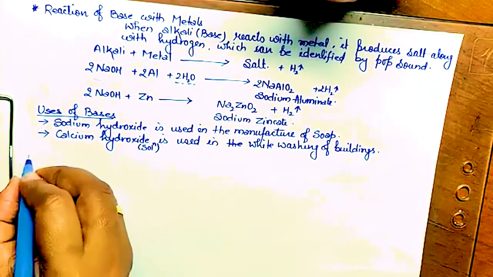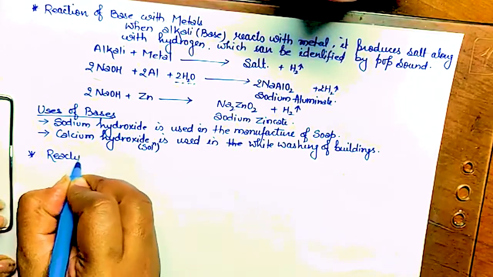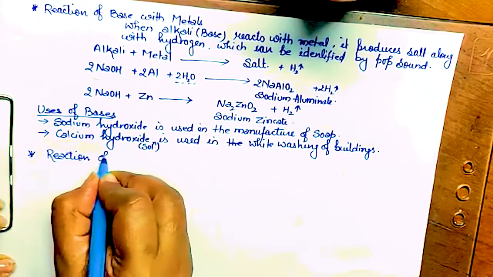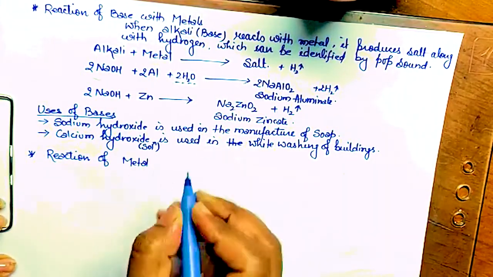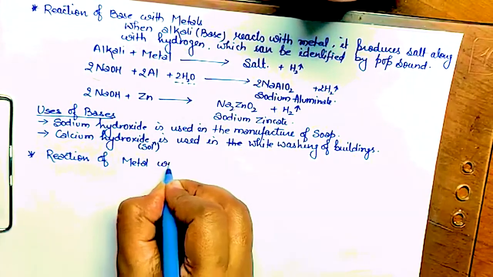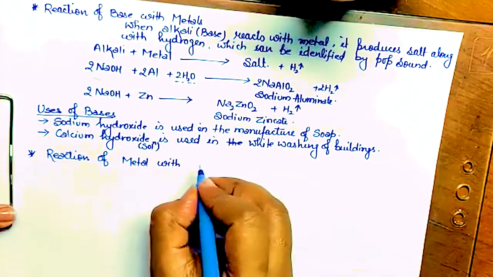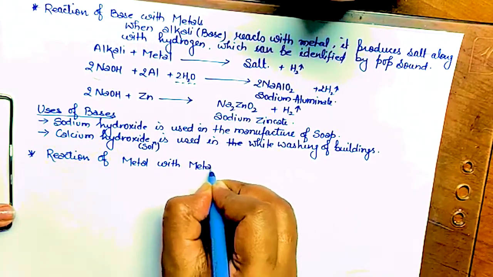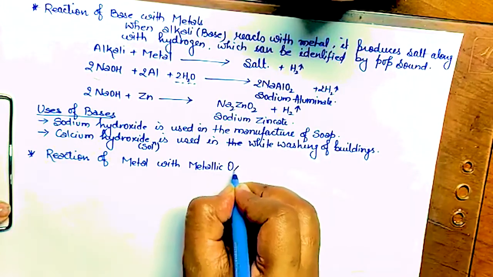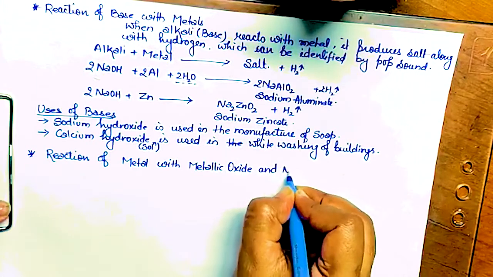Got it? So next is the reaction of metal with metallic oxide and non-metallic oxide.